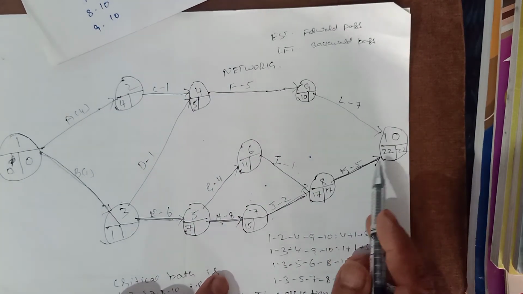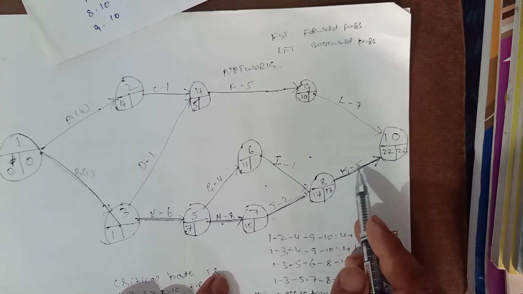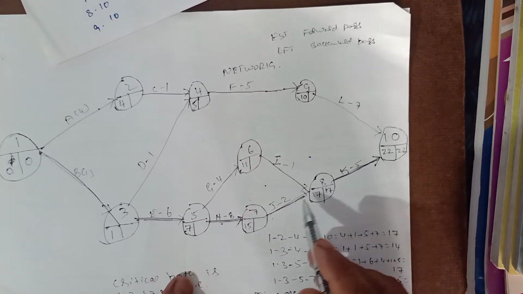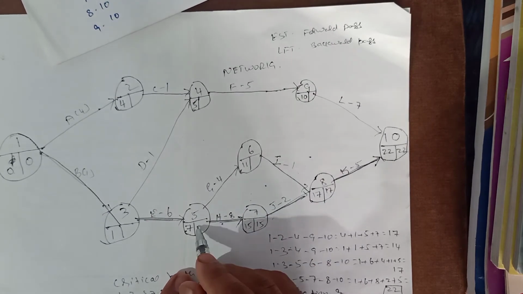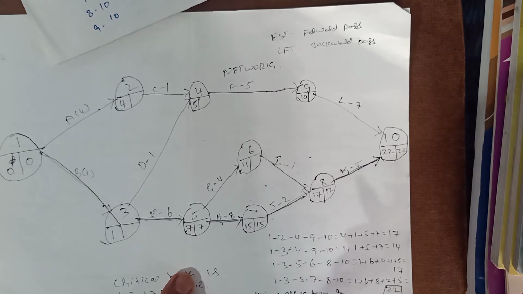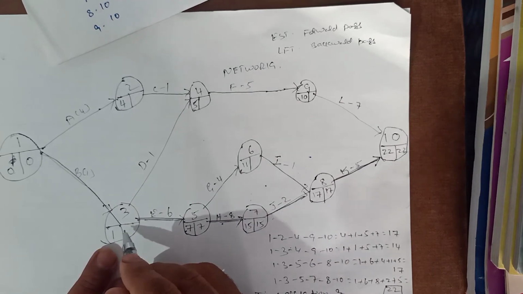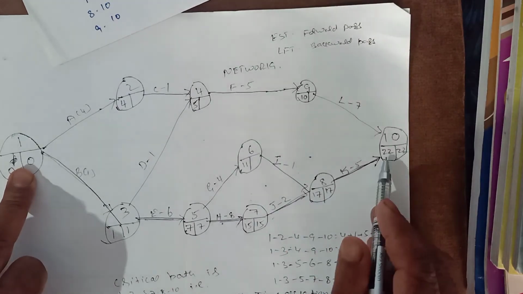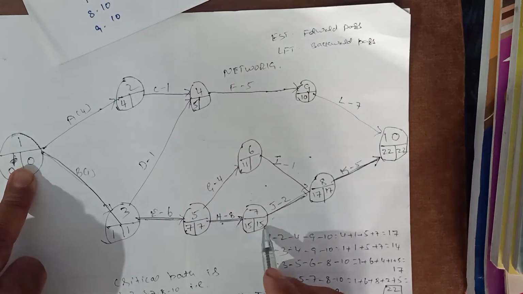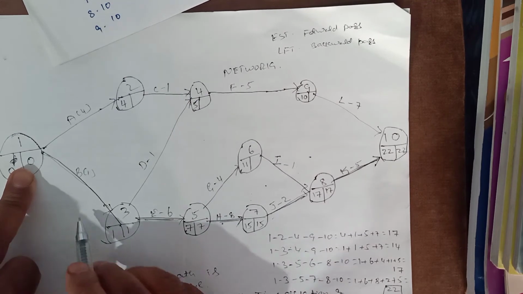So 22 minus 5 is 17, 17 minus 2 is 15, 15 minus 8 is 7, 7 minus 6 is 1, and 1 minus 1 is 0. This is the critical path. The EST and LFT are the same.